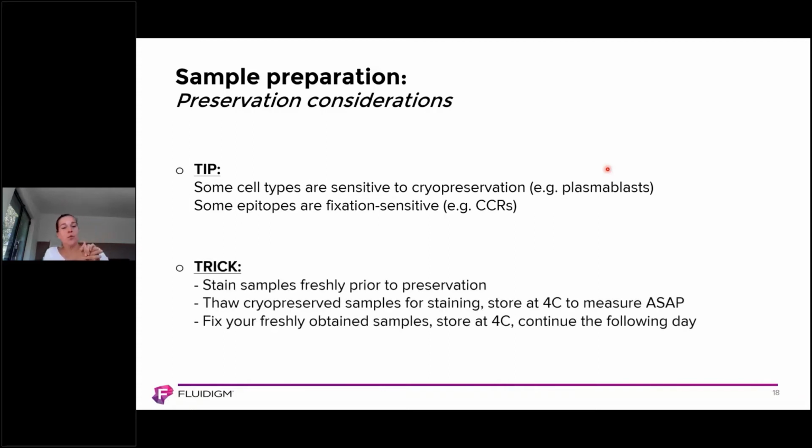Some tricks if you want to do your staining on sensitive cell types, or if you want to study some sensitive markers: stain before on fresh sample and then preserve.